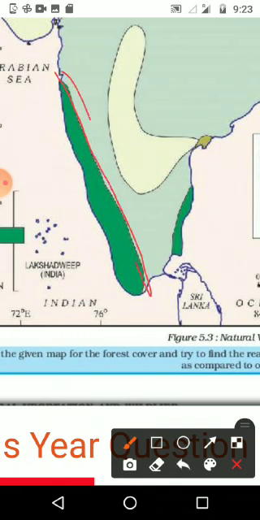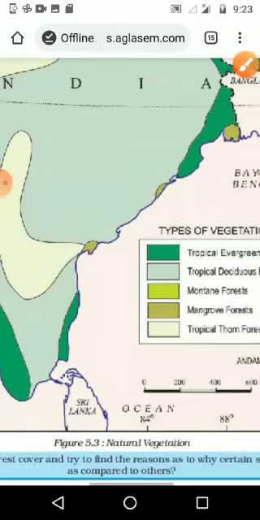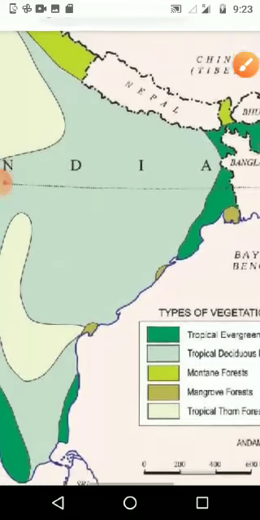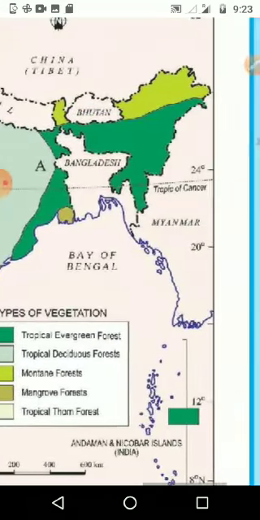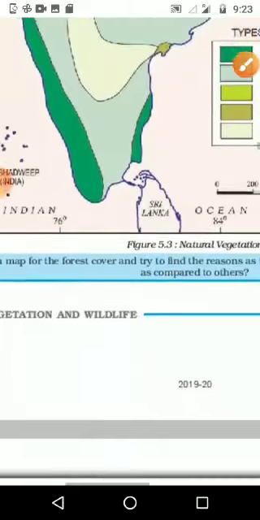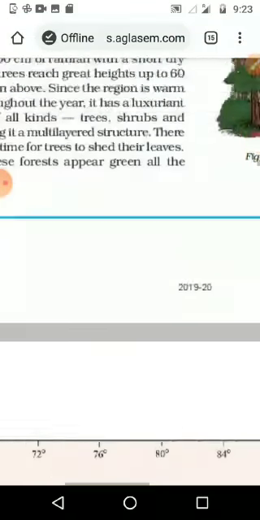Then come the coastal areas of Tamil Nadu and, I think, a little bit of the Pondicherry part also. Then a little bit of Odisha, then West Bengal, then the Assam area, then Mizoram and Nagaland. In those areas we can see the tropical evergreen forest, where we also get maximum rainfall.